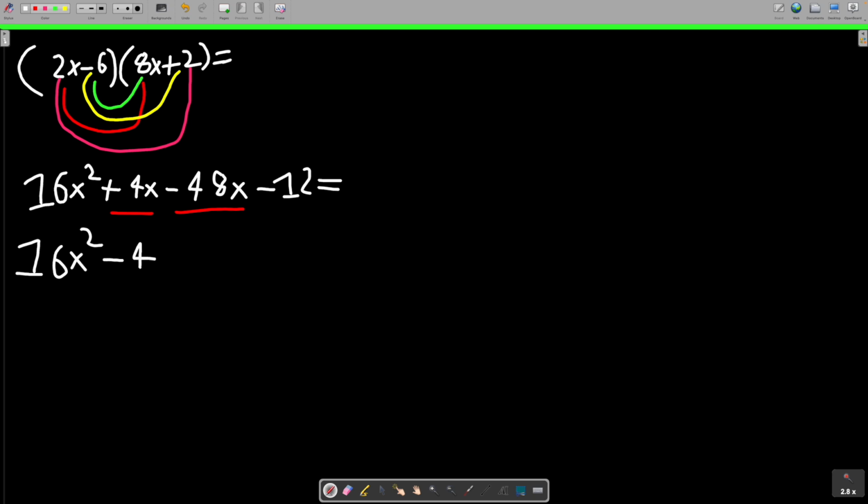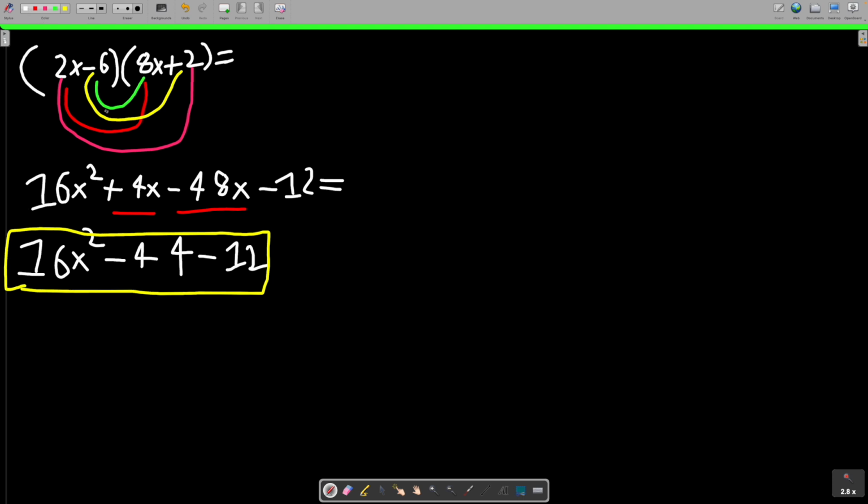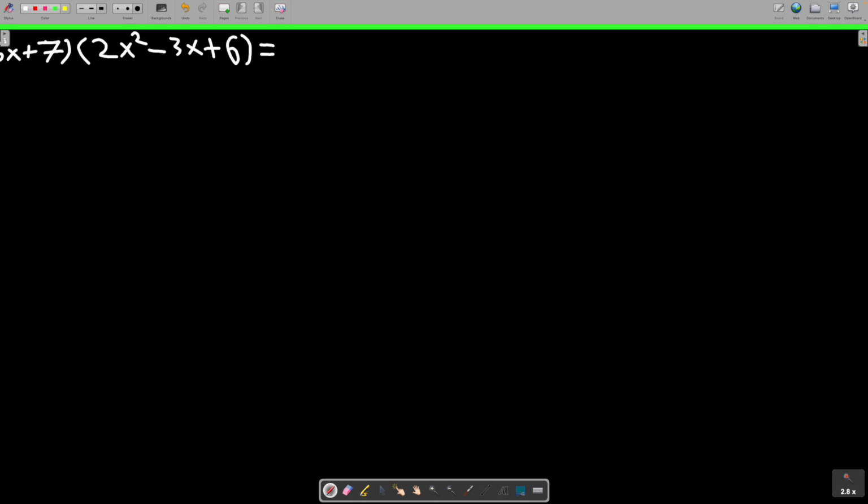So we're going to have minus 44x, and then just minus 12. There's nothing we can do with negative 12. It's an unlike term. So the final answer is 16x squared minus 44x minus 12. So that's the answer.